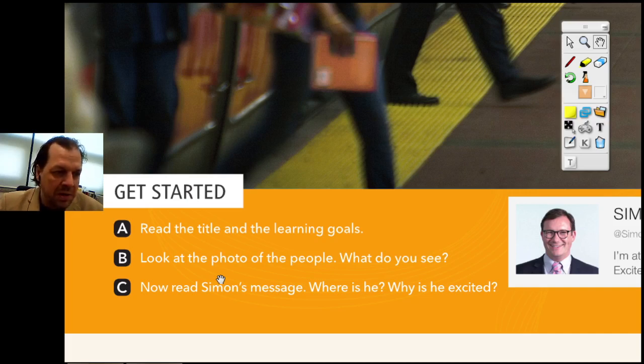And one good way to take notes without making a mess in your book is to just go here and write down the page number, okay, page 5, get started, A, B, C, and then write down your own answers. Another thing that some successful students have done in the past is get yourself a big post-it note.